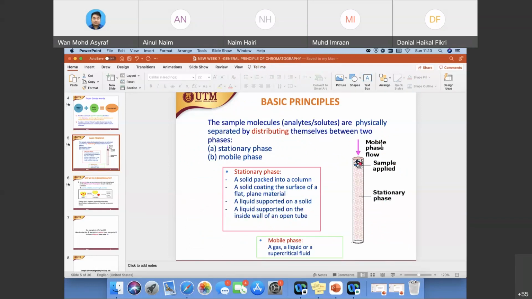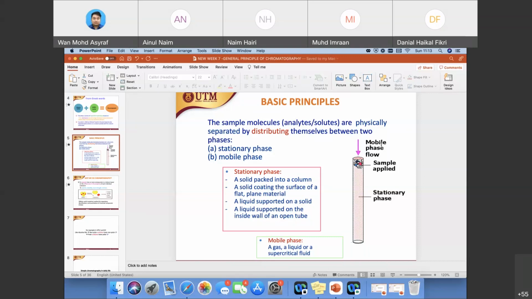Now just imagine in your sample there are two compounds. These two compounds will behave differently, based on their interaction or their distribution between the stationary phase and the mobile phase.